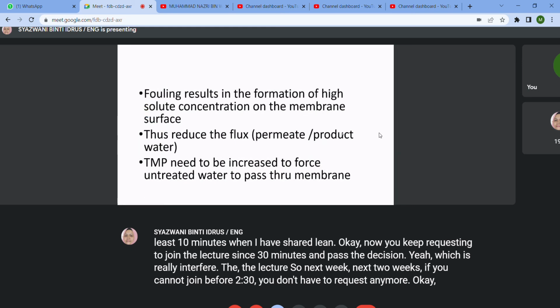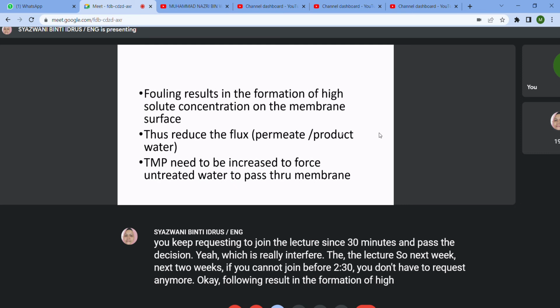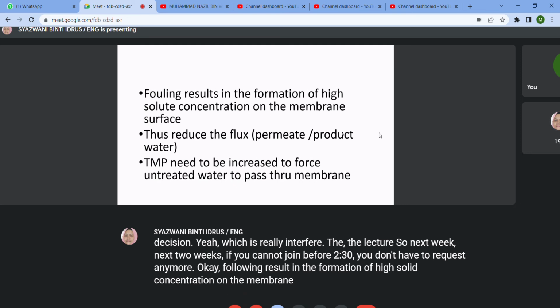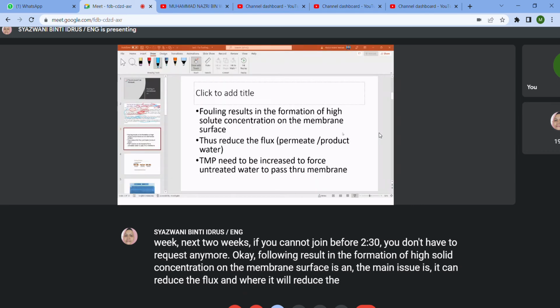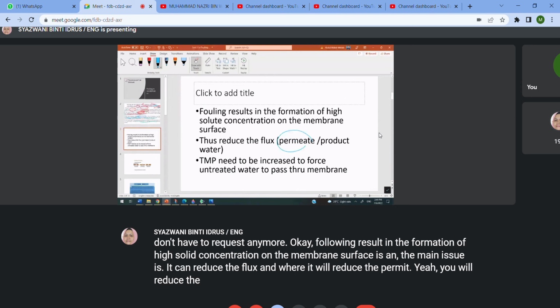Okay, fouling results in the formation of high solid concentration on the membrane surface. The main issue is it can reduce the flux, where it will reduce the permeate as well as the product water.